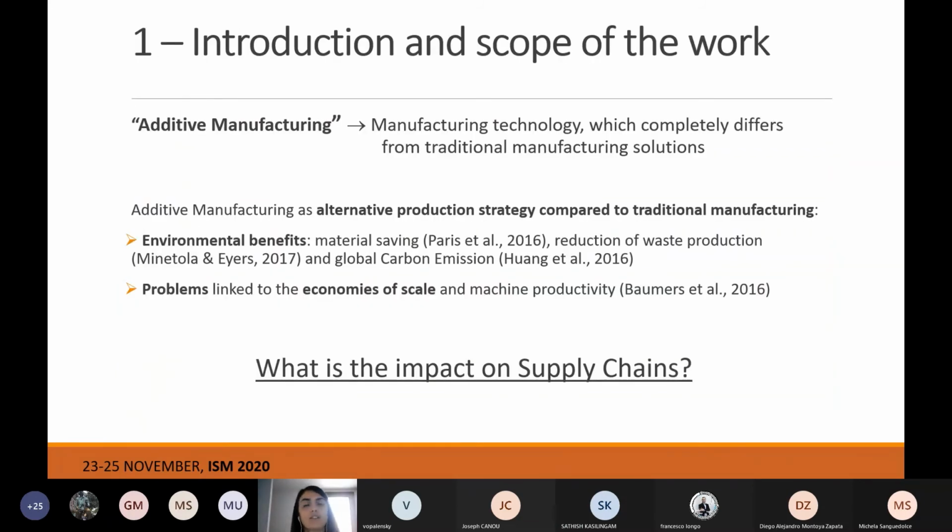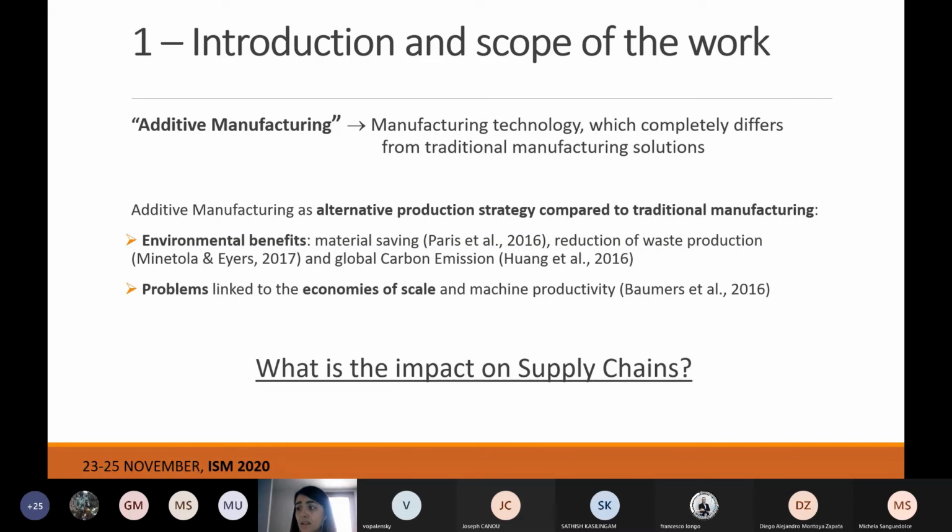Additive manufacturing is a manufacturing technology which is completely different from subtractive manufacturing solutions. In the last decades, many researchers have studied its impact and its performance compared to traditional manufacturing.